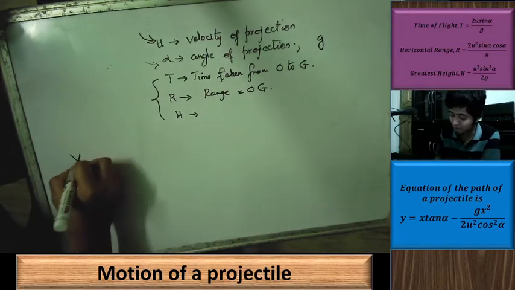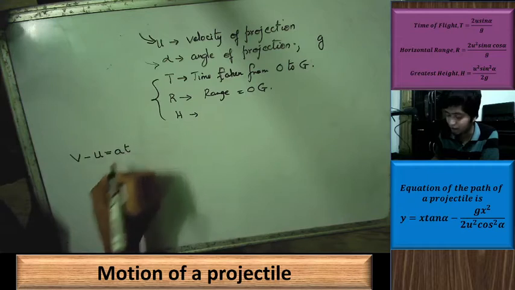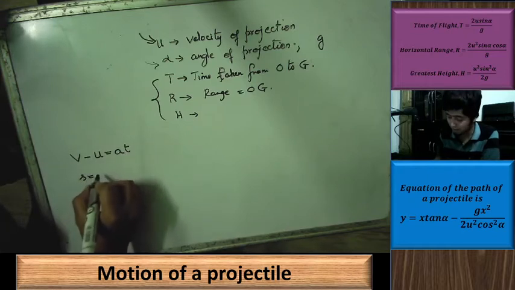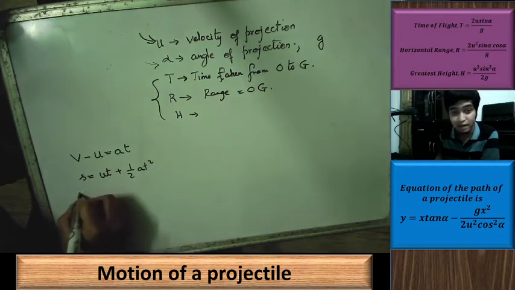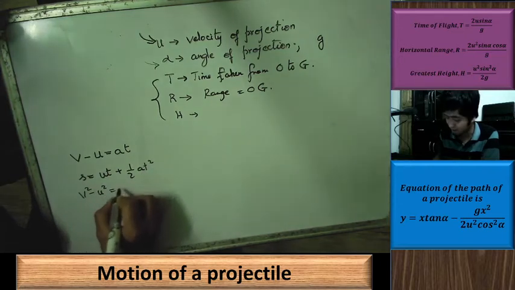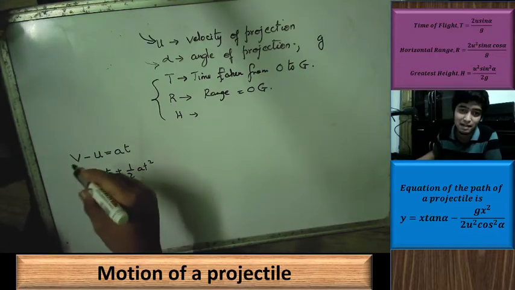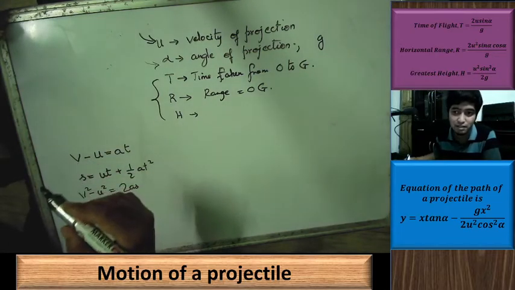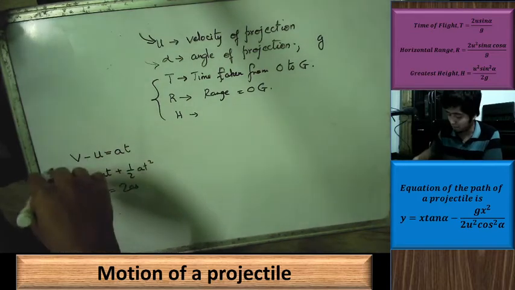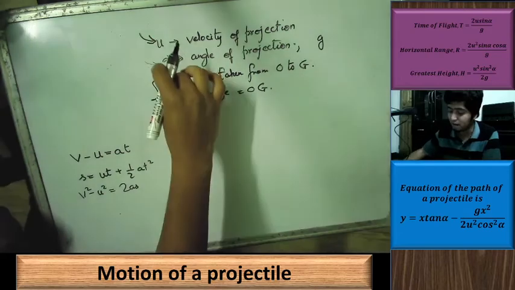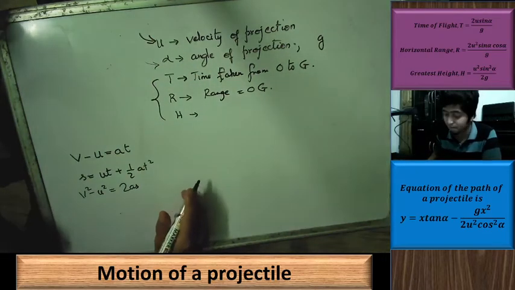If you remember, they are: v minus u equals at, s equals ut plus half at squared, and v squared minus u squared equals twice as, where a is the acceleration, t is the time, v is the final velocity, and u is the initial velocity. We will use these to derive the expressions for T, R, and H.